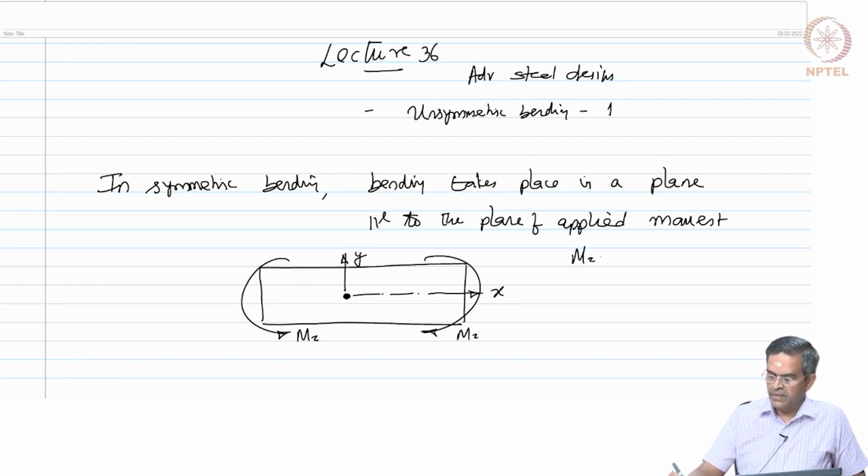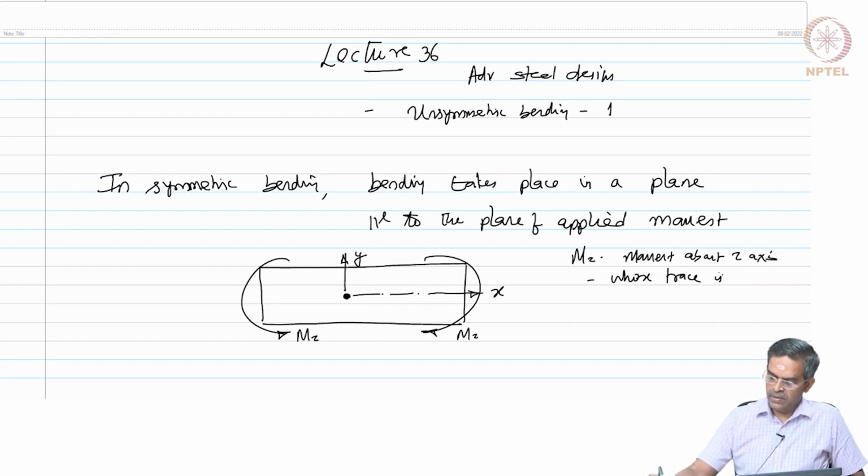So, Mz is the moment about z axis whose trace is seen on the xy plane, right.